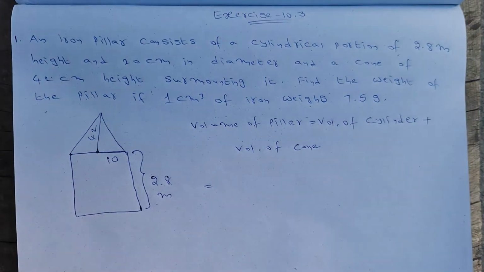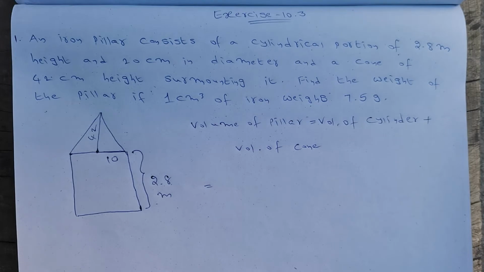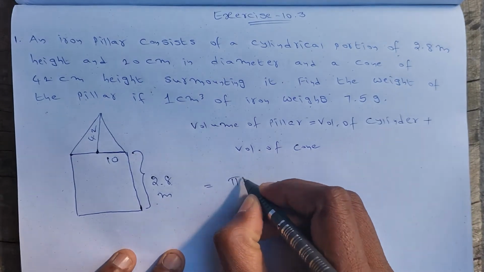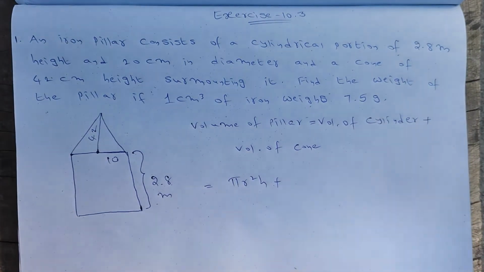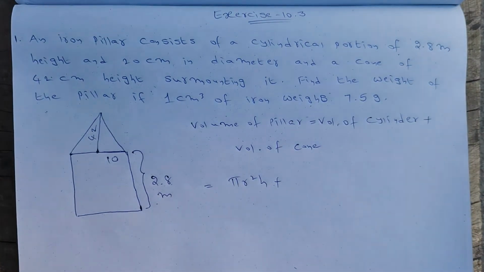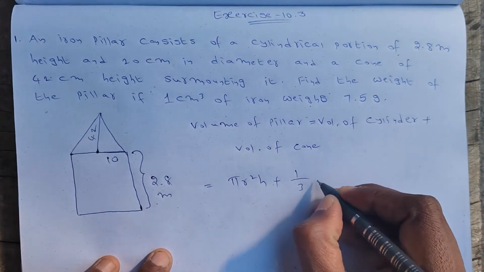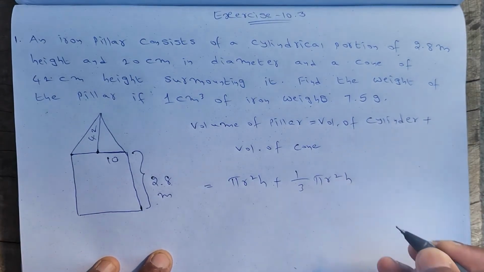Now let us write the formulas for that. Volume of a cylinder is pi r square h, plus volume of cone is 1 by 3 pi r square h.